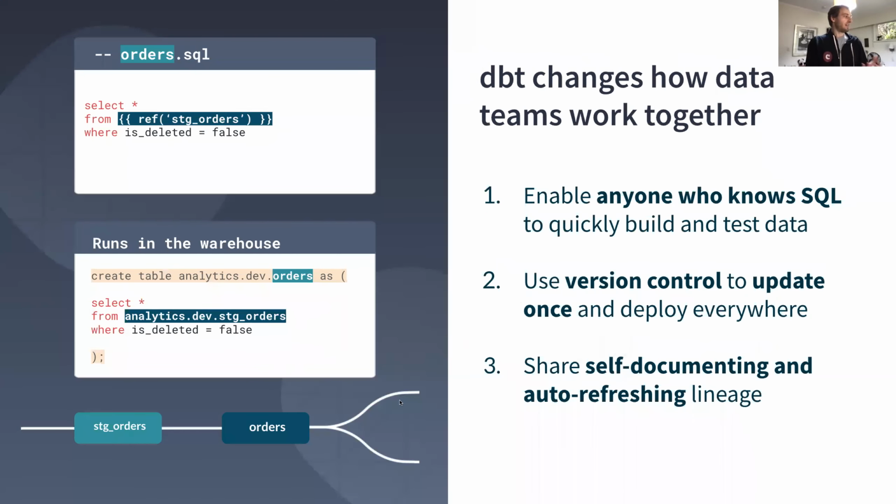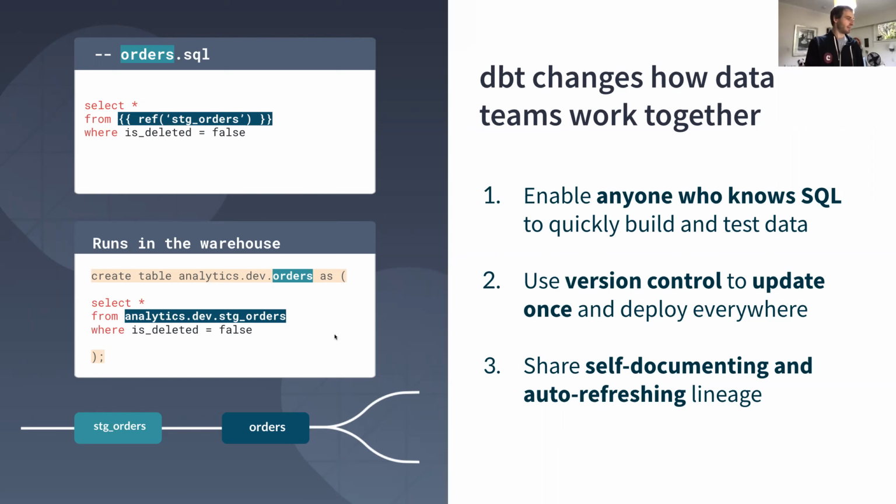So how DBT works: the most important part is this ref function. It lets you build a DAG of dependencies, a directed acyclic graph. I'm assuming people are familiar, especially if you're using Airflow or something: this depends on this, and so on down the chain. And so you can build these staging models to clear out your messy data.